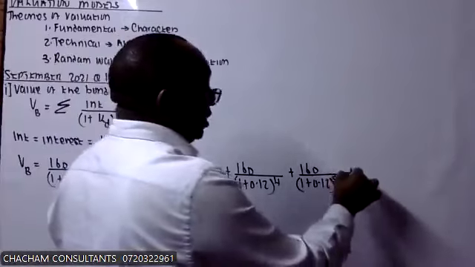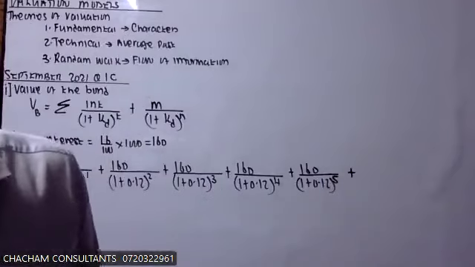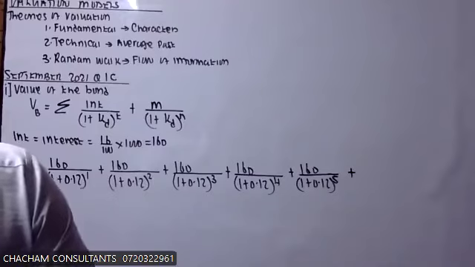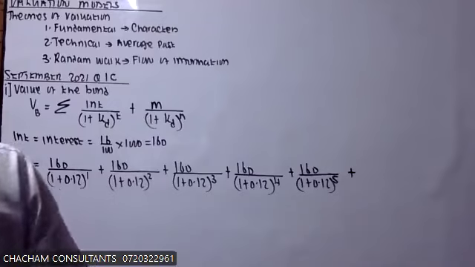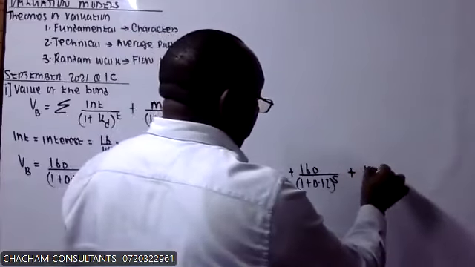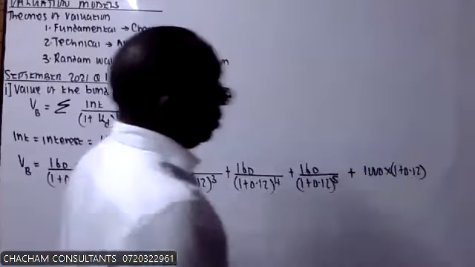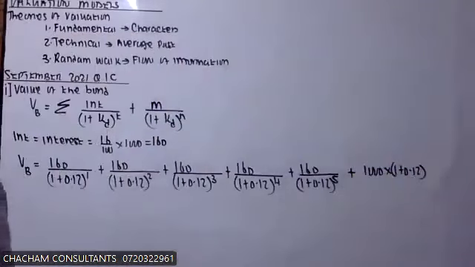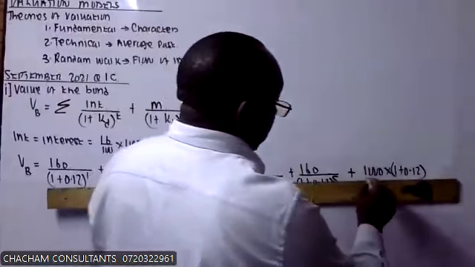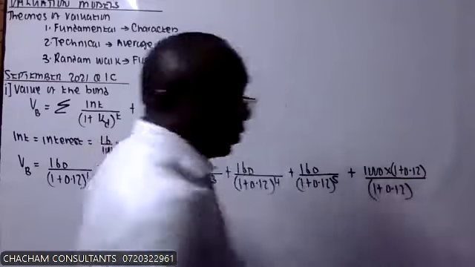Then the maturity value. We are told it will be redeemed at what? At 20% premium. So it will be this 1,000 times 1 plus 0.12. That will be the redemption value. Premium ni kuongeza. Discount ni kutoa. Now, not 12.